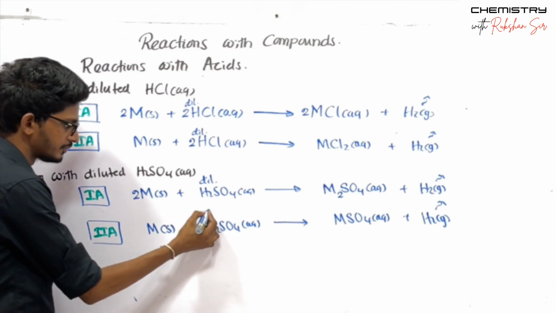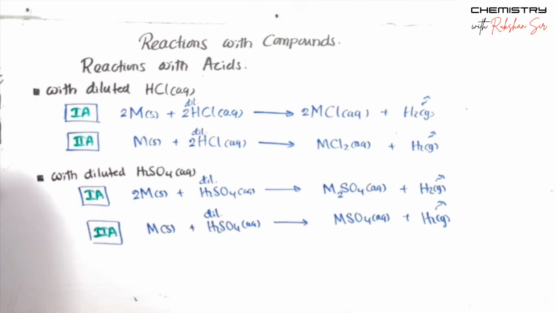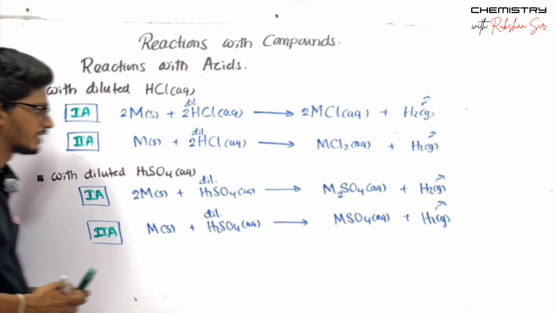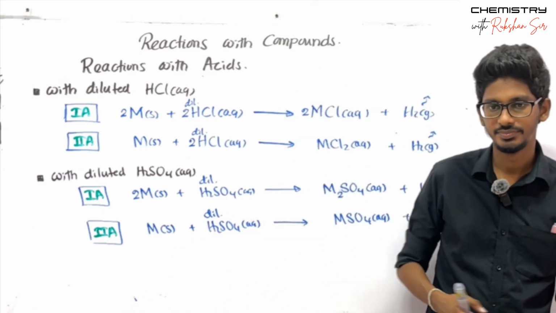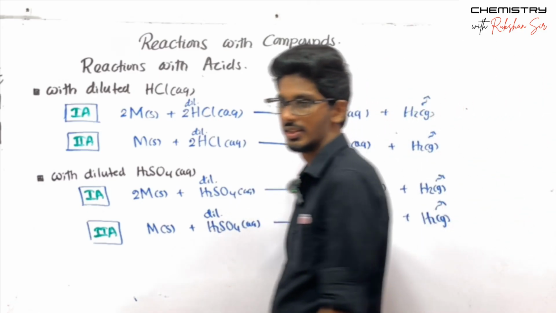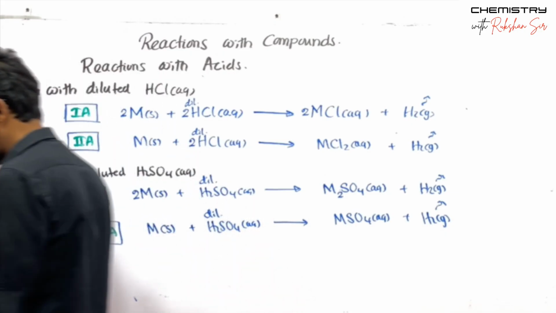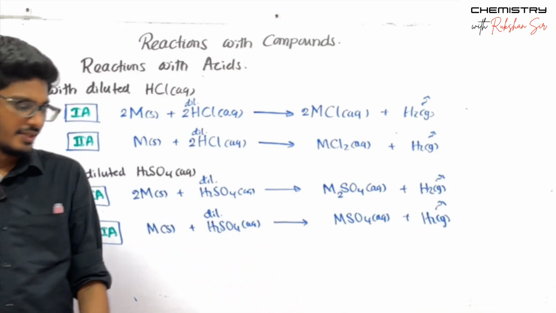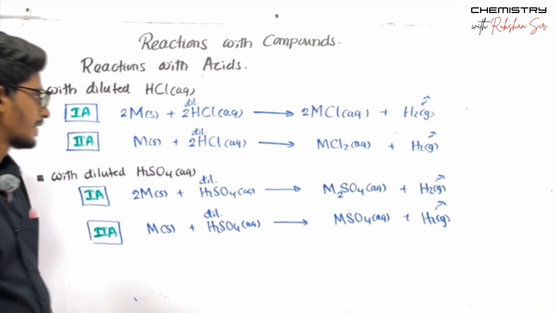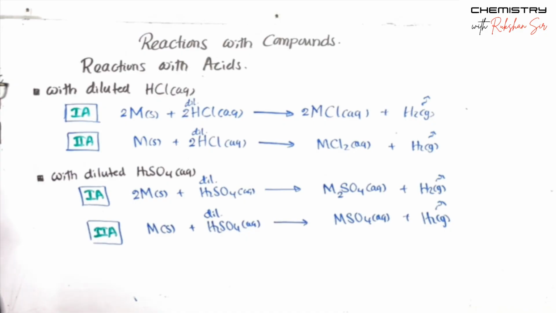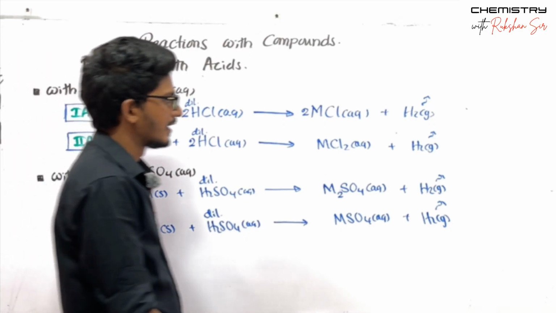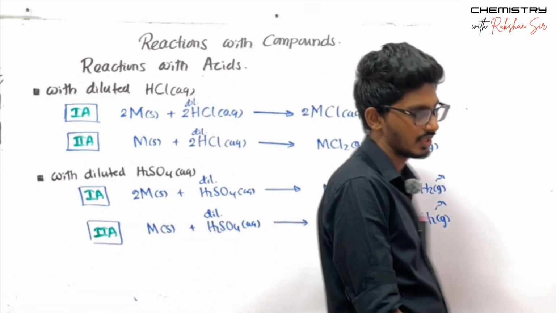Salt and H2 will be products when S-block metals react with dil acids. Is the thing clear? Salt and H2 will be products when S-block metals start to react with dil acids.